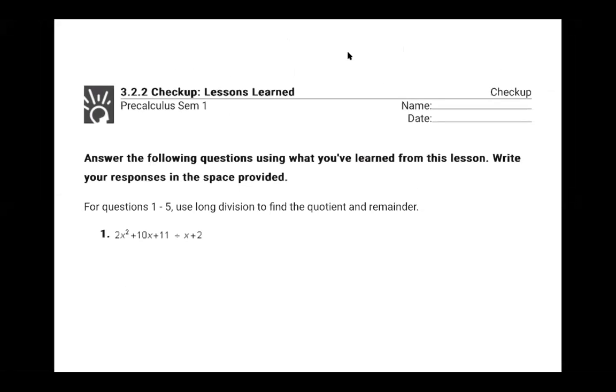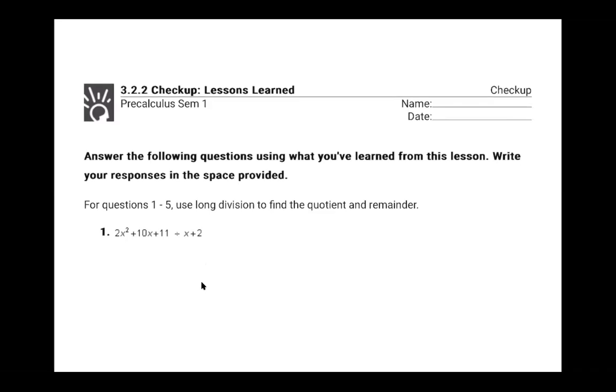So moving forward with this checkup here. The first couple are using long division. For the sake of time, I just want to go through and give you helpful hints for how to move through these faster or how to make sure that you're doing them right.